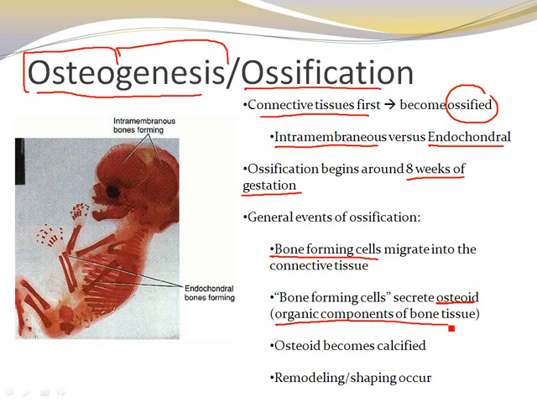Osteoid are the organic components of bone tissue. Organic here referring to those organic macromolecules, big molecules that you learned about back in Unit 1, things like proteins. So they make that first. That's still a soft type of tissue, and then that osteoid has to become calcified.